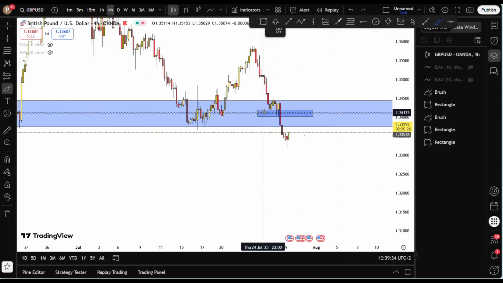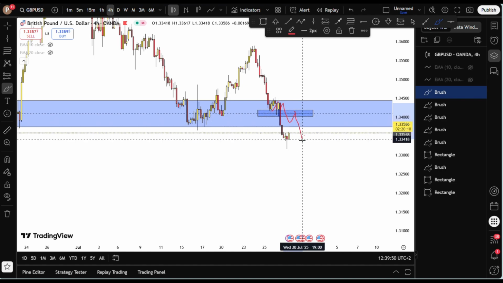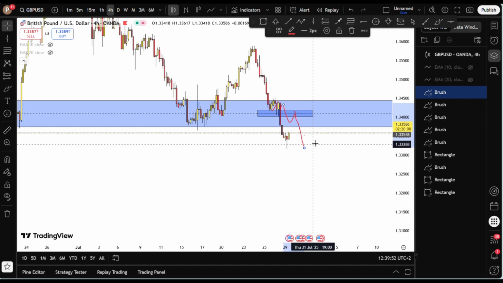It came to this zone, rejected for the first time, rejected again, and broke through it. So now I'm expecting price to come back to this exact support turned resistance level and keep selling. That's what I would look for.